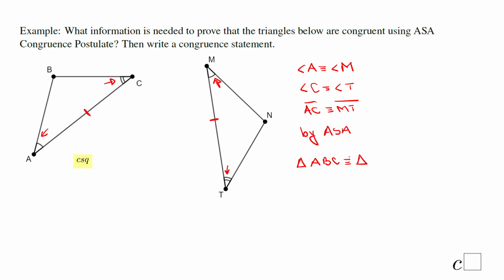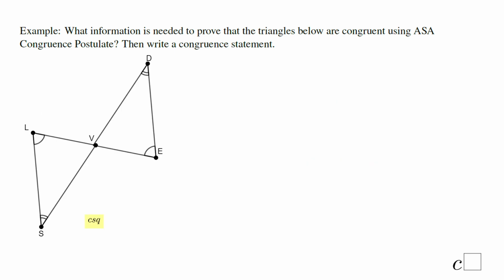So which one corresponds to A? That will be M. We notice A and M are together. Which one corresponds with B? If you take a look, B will correspond to N. And to C, we can see in the statement before, the last one is T. Okay, so this is for this example.